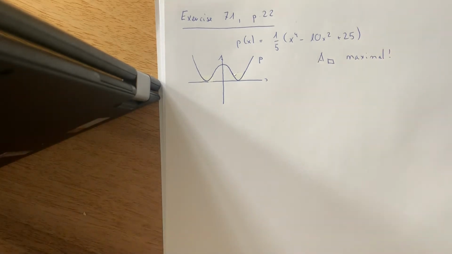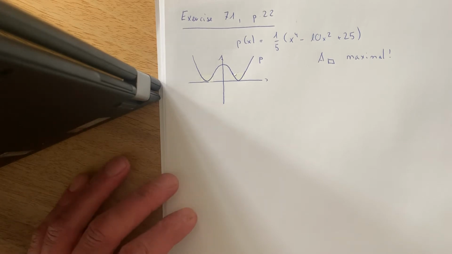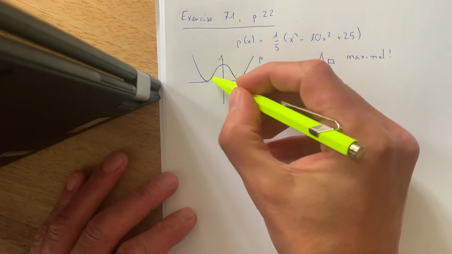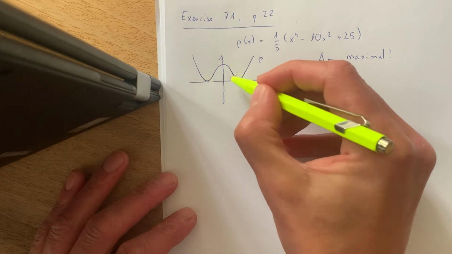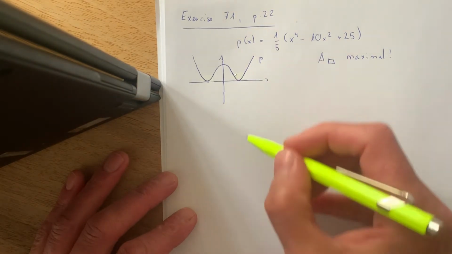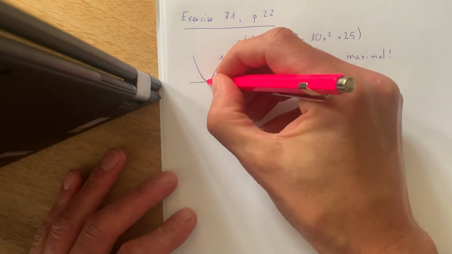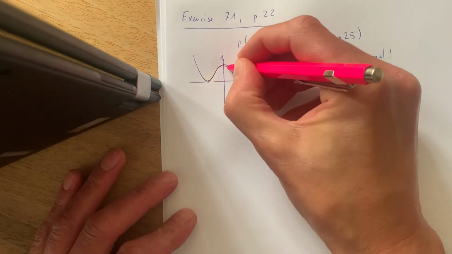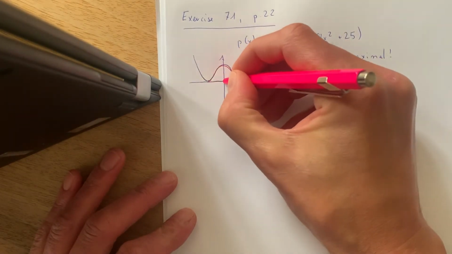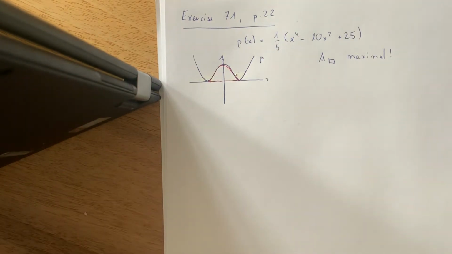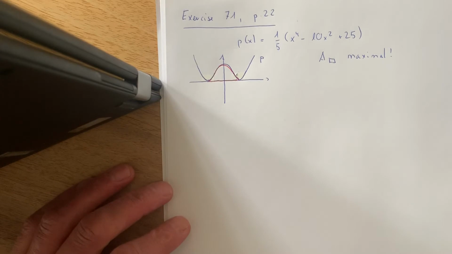Okay, so in a first step, let's try to visualize the situation. So here we have an area enclosed by the x-axis and the parabola. So we are talking about this area here, and in this area we inscribe a rectangle.